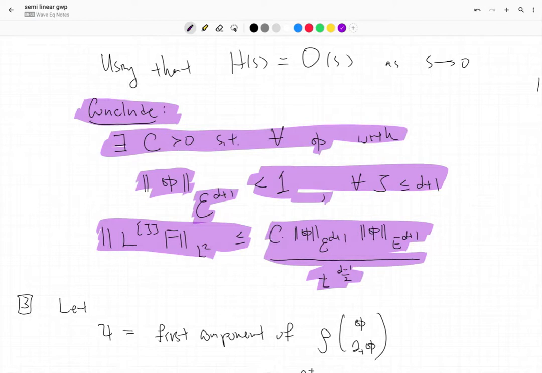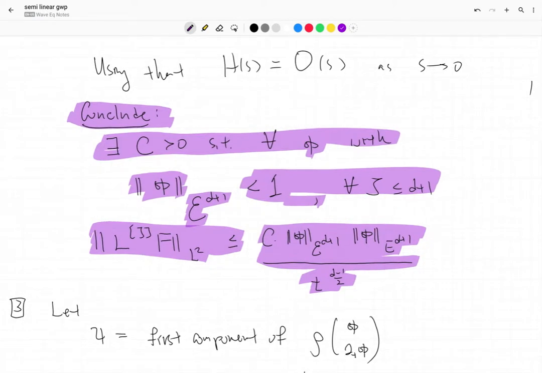We have that there exists some c bigger than 0. This c is not the same as c before, just some constant.